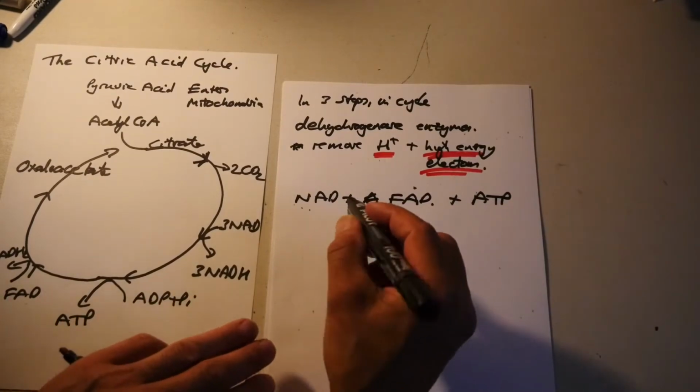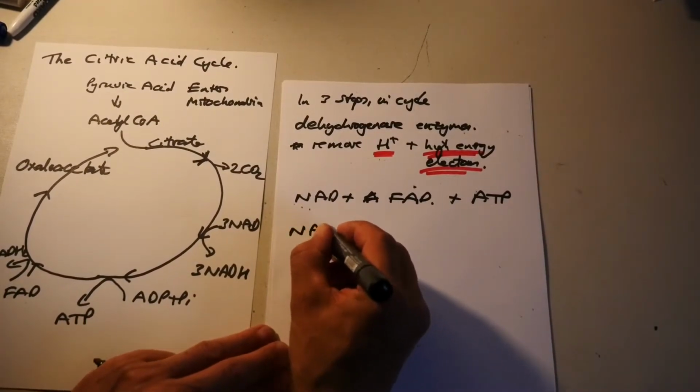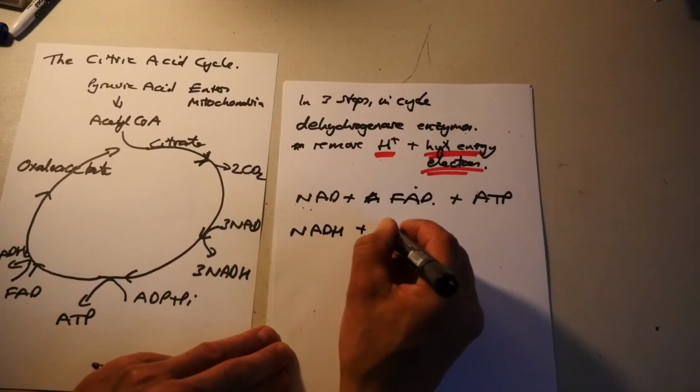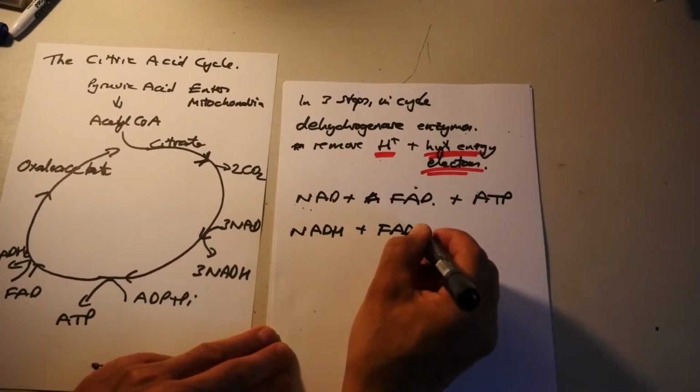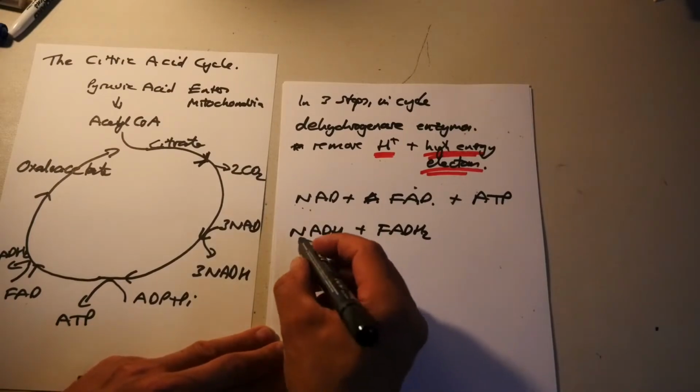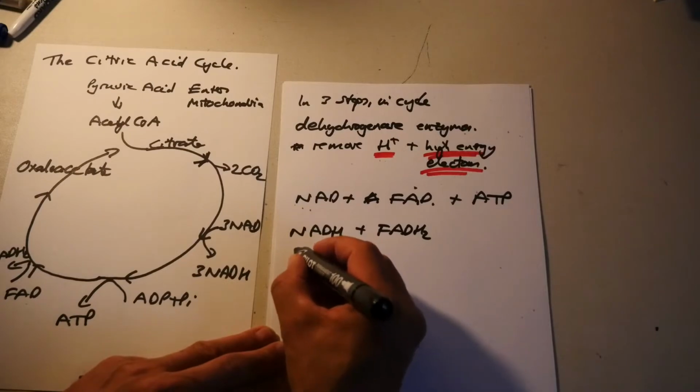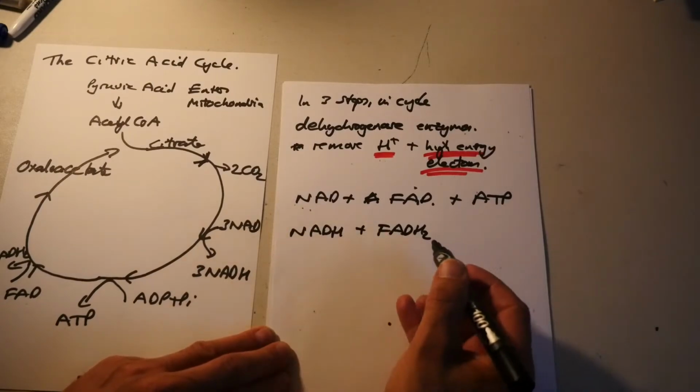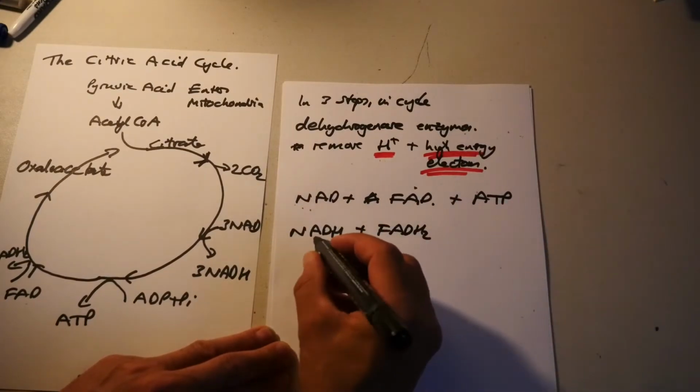The NADH plus FADH2 molecules are then taken to the electron transport chain, where the hydrogens and electrons are sent to the electron transport chains.